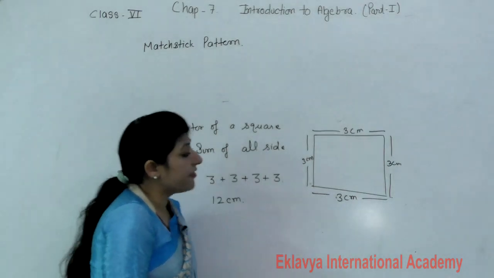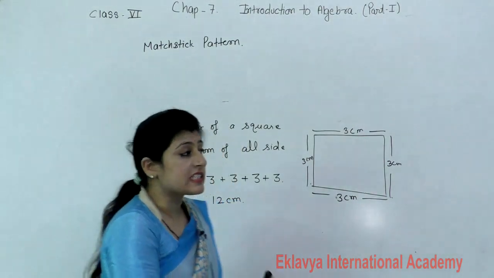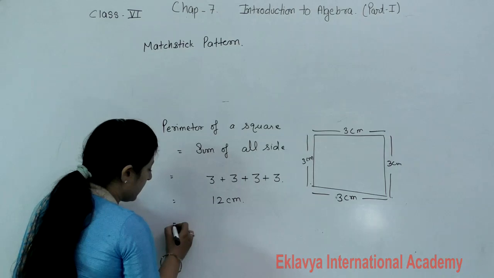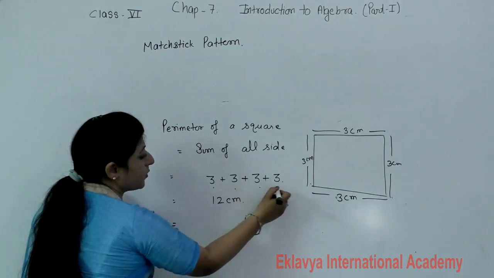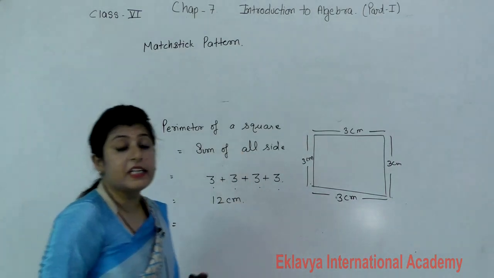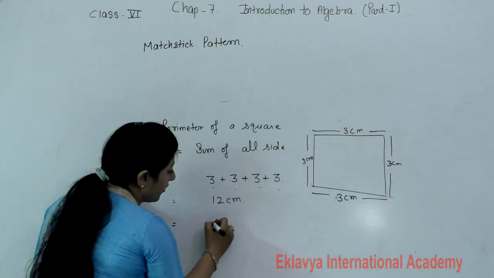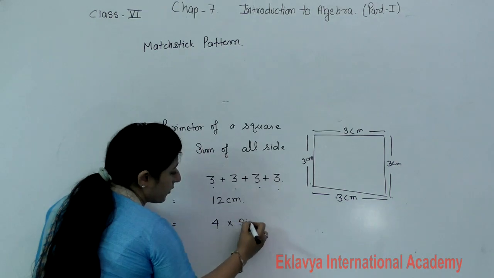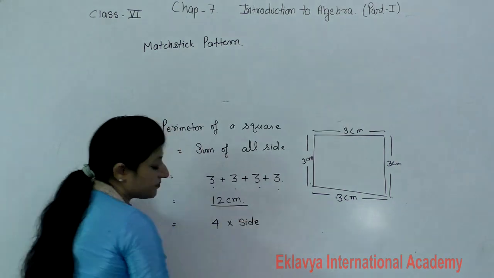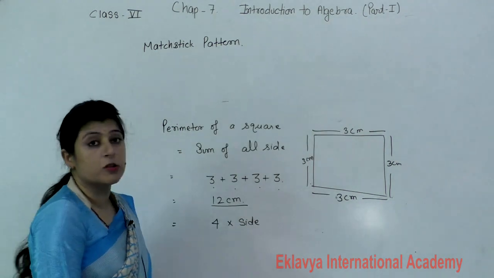But if we want to represent it in a simple form, see how many sides? 1, 2, 3, 4, and in a square all 4 sides are the same. So we can write 4 into side, then we also have the same answer, that 4 into 3 is equal to 12.